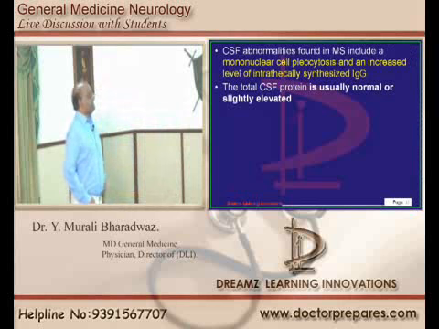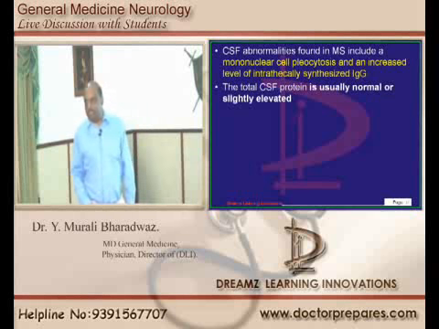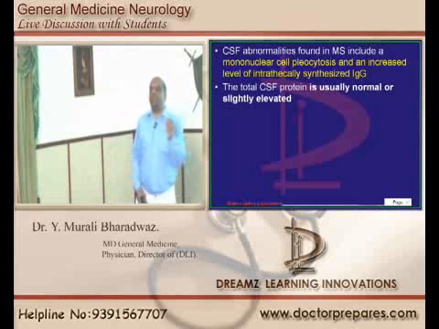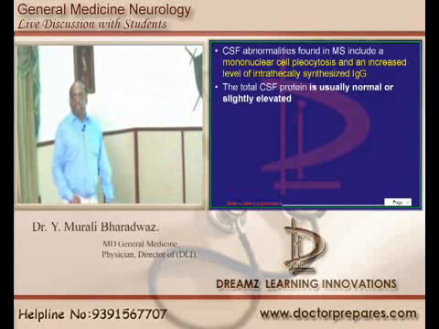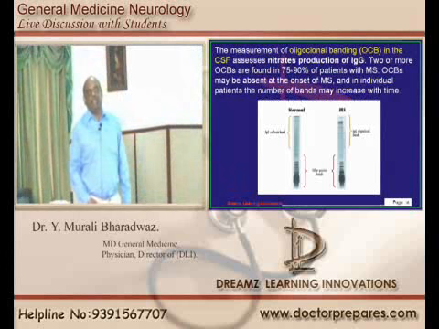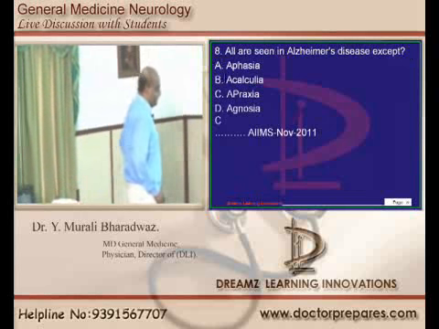Then CSF-wise, if you have mononuclear cell pleocytosis or increased levels of immunoglobulin G in the CSF, those are the important abnormalities found, and we measure what is called oligoclonal banding in the CSF. Increased production of these immunoglobulin G oligoclonal bands is another important feature of multiple sclerosis.